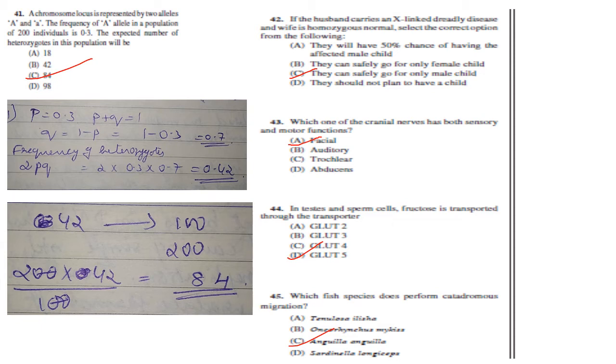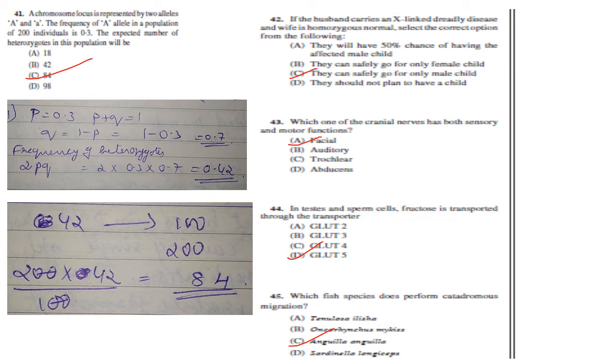Then GLUT4, it is insulin regulated glucose transporter found primarily in adipose tissue and skeletal muscles, as well as in cardiac muscles also. Then GLUT5, it is a high affinity fructose transporter primarily expressed at the apical surface of intestinal epithelial cells, but also at lower levels in testis, kidney, brain, skeletal muscle and white adipose tissue.